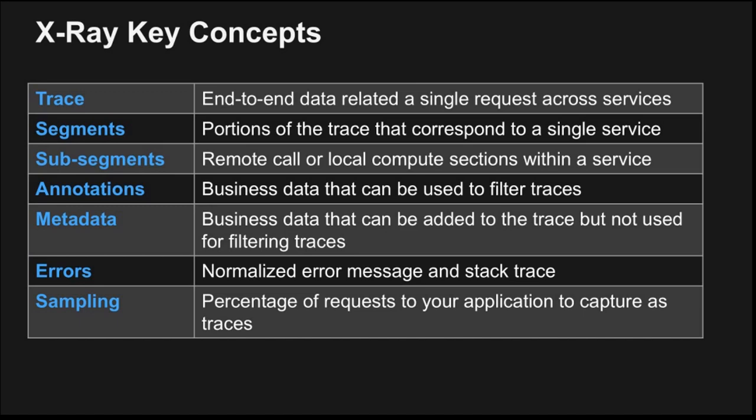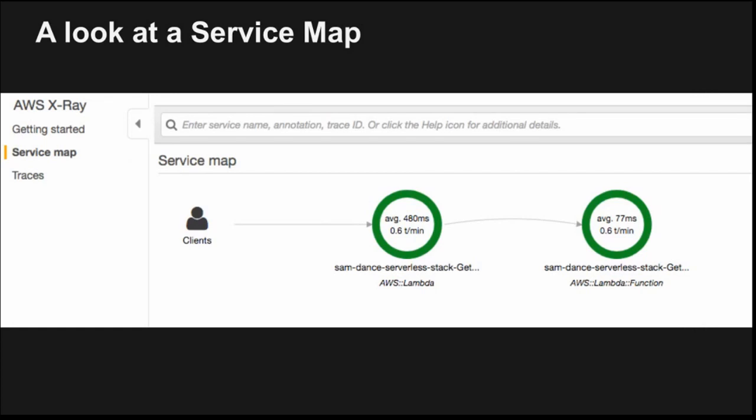You have information about traces, and you can get metrics on how much of your application requests are traced. And the sampling information is provided out of the box. So the service map gives you an overview of what the different services are and which service is calling which and what the dependencies are.